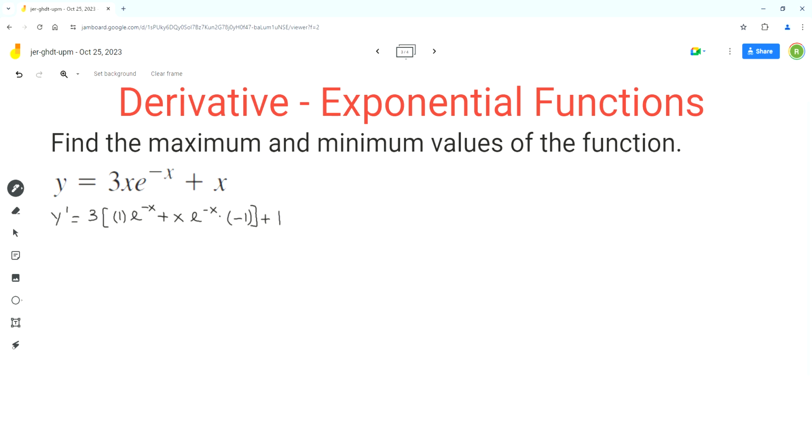So this is the expression for the derivative of this function.